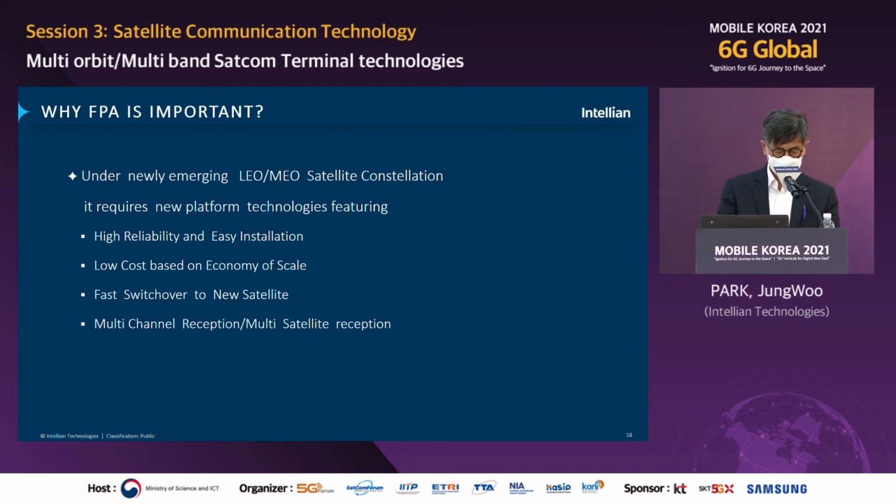As this slide says, why the FPA flat panel antenna is important: let's see what the important elements are for an NGSO Satcom terminal. In summary, it should be very reliable, because it keeps tracking LEO satellites continuously for its lifetime. And it is low cost enough that people in unserved areas should be able to access.